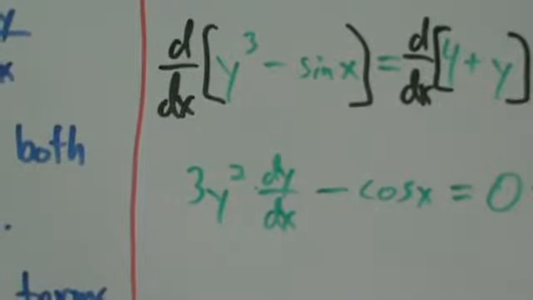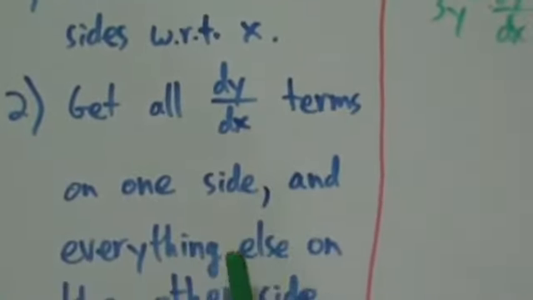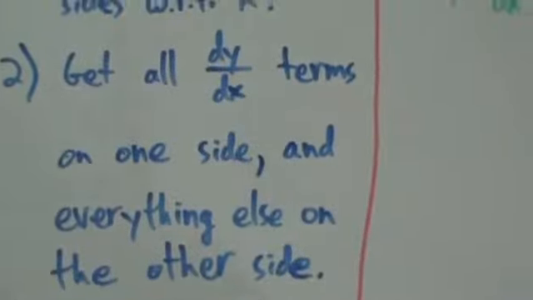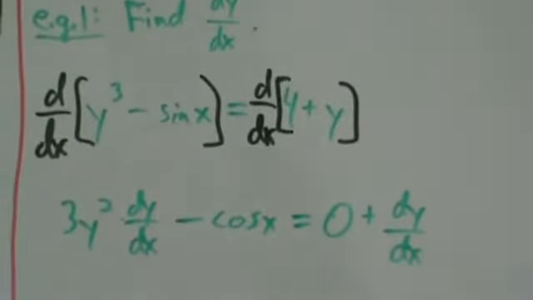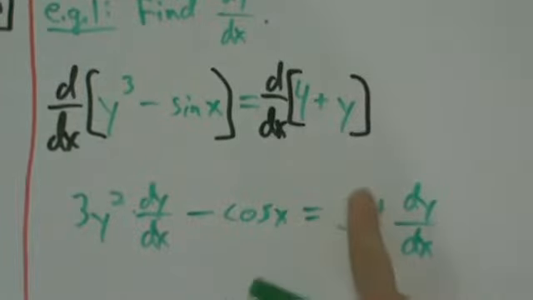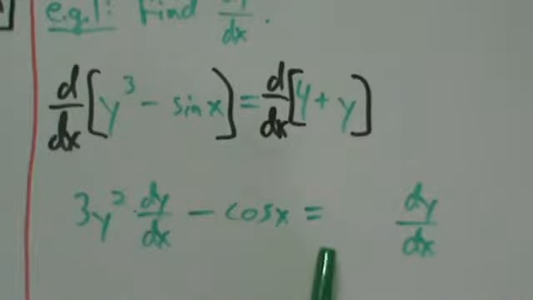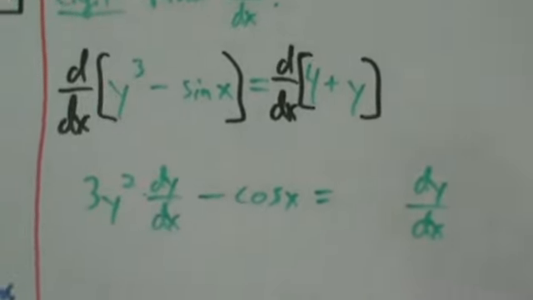Step 2 is next. Step 2 is get all dy dx terms on one side and everything else on the other side. So here we have 3y squared dy dx, and here's a dy dx. So we have two terms that have dy dx, and we want to put those on the same side. Here's minus cosine x, and here's a 0. The 0 we can just ignore. The cosine x has to be by itself on one side, and the dy dx terms all have to be on the other side.